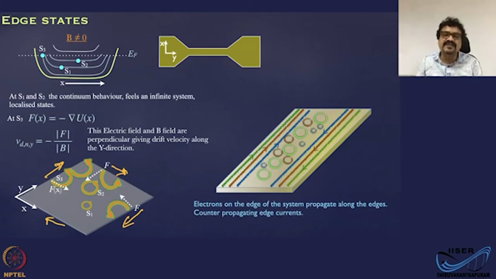So what that means is, there will be one edge state corresponding to one Landau level. If there are three Landau levels, all three will cross at the edge here. That means you have three states here. So the number of states available at the edge for transport is the number of Landau levels present.